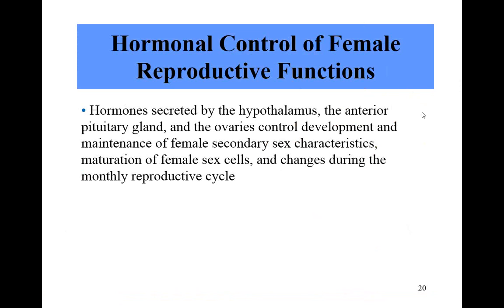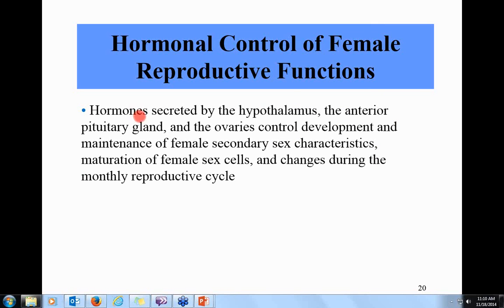Which is right now. Again, you're going to see almost the same players as in males. You're going to have hormones secreted by the hypothalamus and the anterior pituitary gland, and in females, not only are the hormones signaling the growth of the oocytes, but we also have the secondary sex characteristics, and the uterus in particular is getting ready to house a fertilized egg if fertilization should occur.